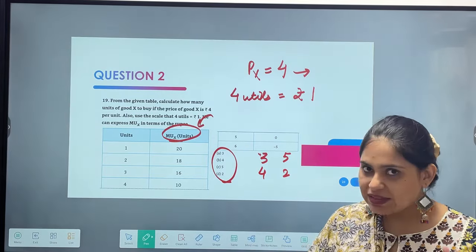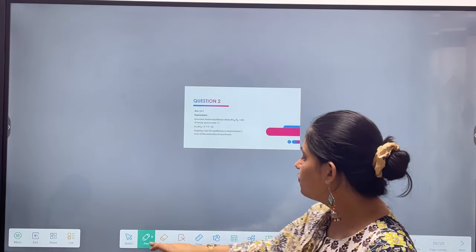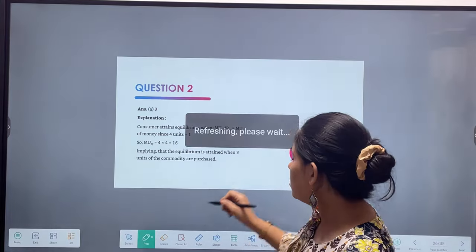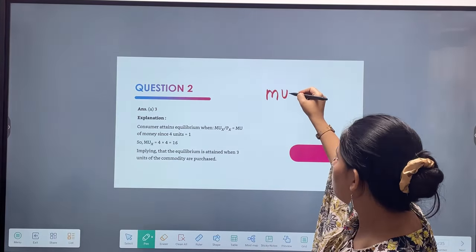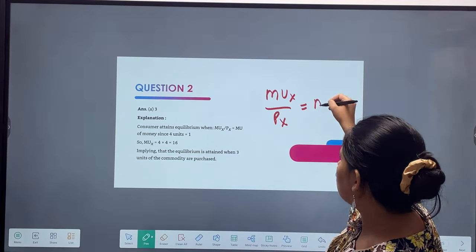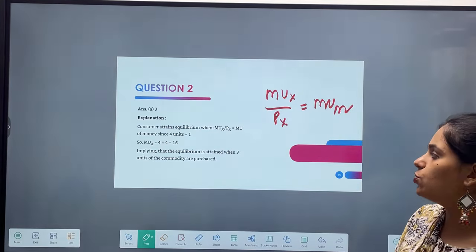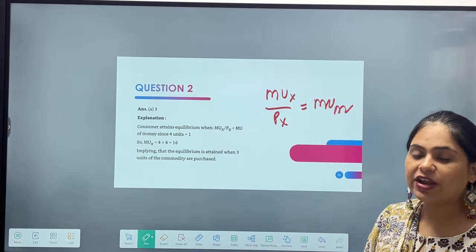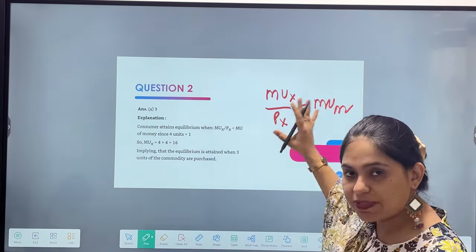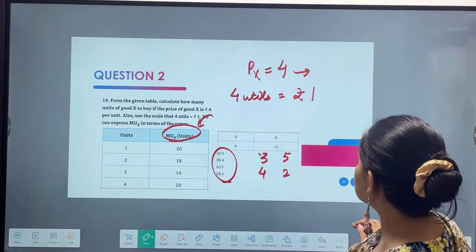So let's have a look into it. So the rule that I have, please put an M here, is MUx by Px. This should be equal to marginal utility of money. MUx by Px should be equal to MUm. So when you have to convert the price side in terms of money utility, you can just use this rule that 1 rupee gives me 4 utils.